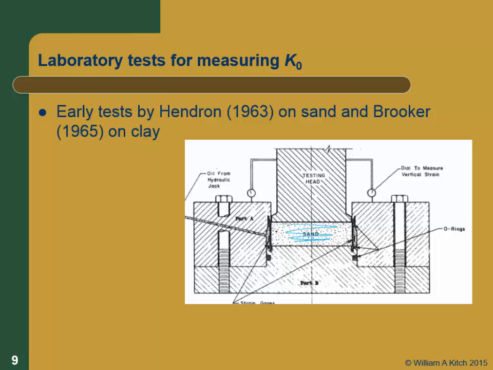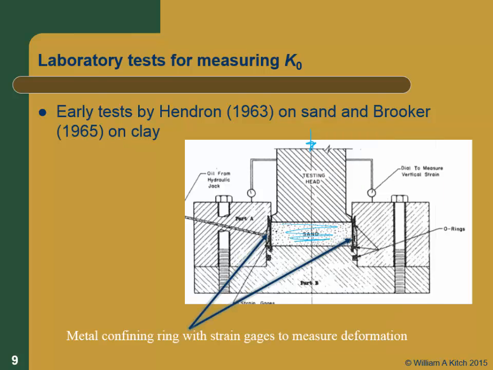And it looks pretty complicated. There are some details here we're not going to talk about, but I'll point out the important ones. And this is the actual loading system that he used. And then the soil is contained in a metal ring, just like in a regular consolidation test. It's a fairly thin metal ring, and he had strain gauges on it.